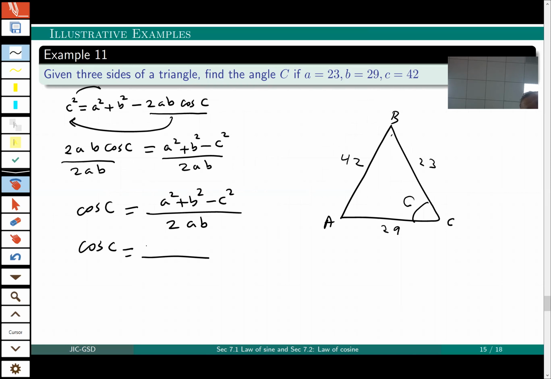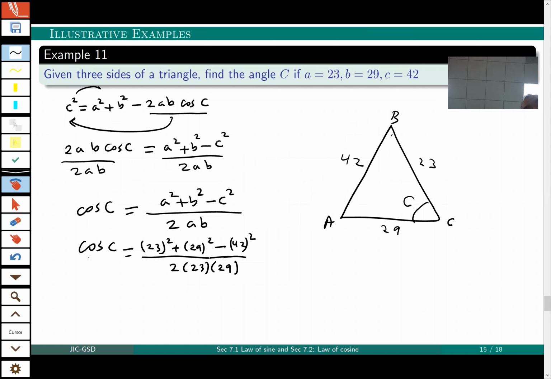So this means cosine C will equal A squared, which is 23 squared, plus B squared, which means 29 squared, minus C squared, it's 42 squared, divided by 2 times A, which is 23, times B, which is 29.